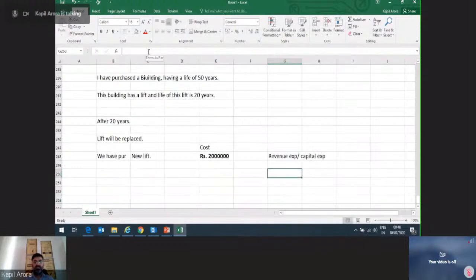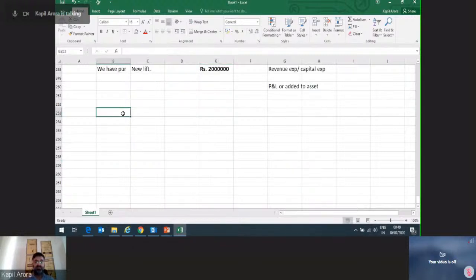Or I would ask, should it go to P&L or be added to the asset? If we have purchased the lift, the older lift is getting replaced with the newer one, and the cost of the new one is rupees 20 lakh.